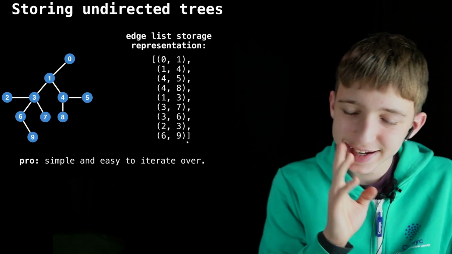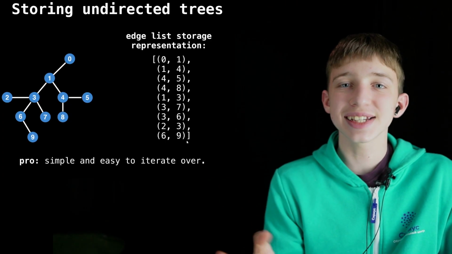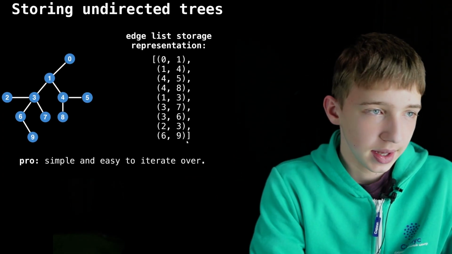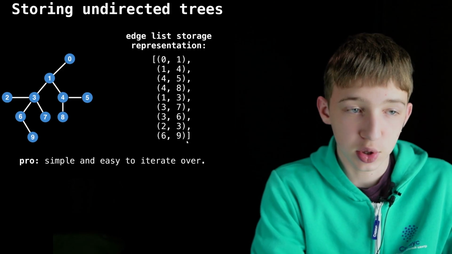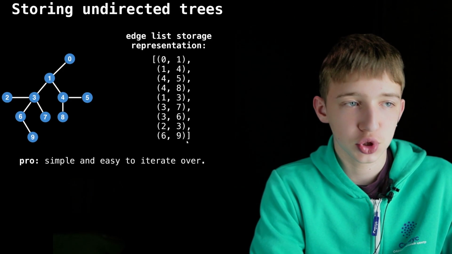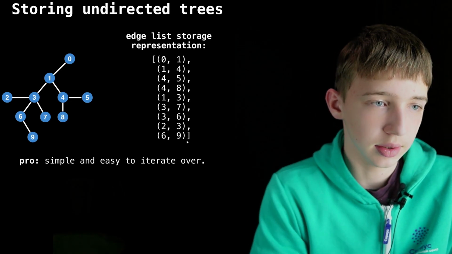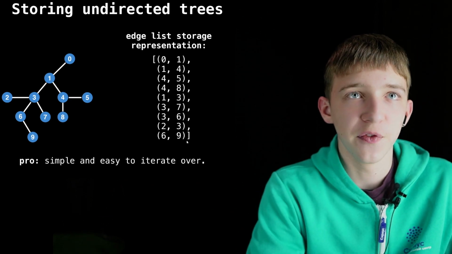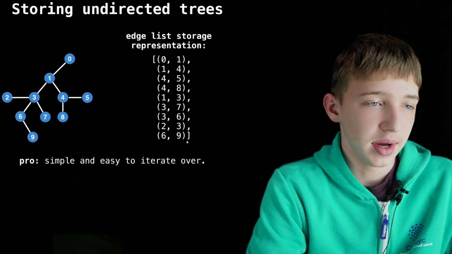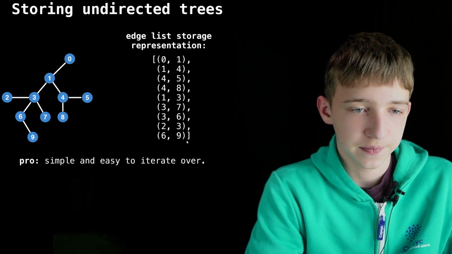A great thing about this representation is that it is super fast to iterate over each edge. In some algorithms that might be useful, and also it is very cheap to store. We have an array of n minus 1 pairs, and its space complexity is very cheap.